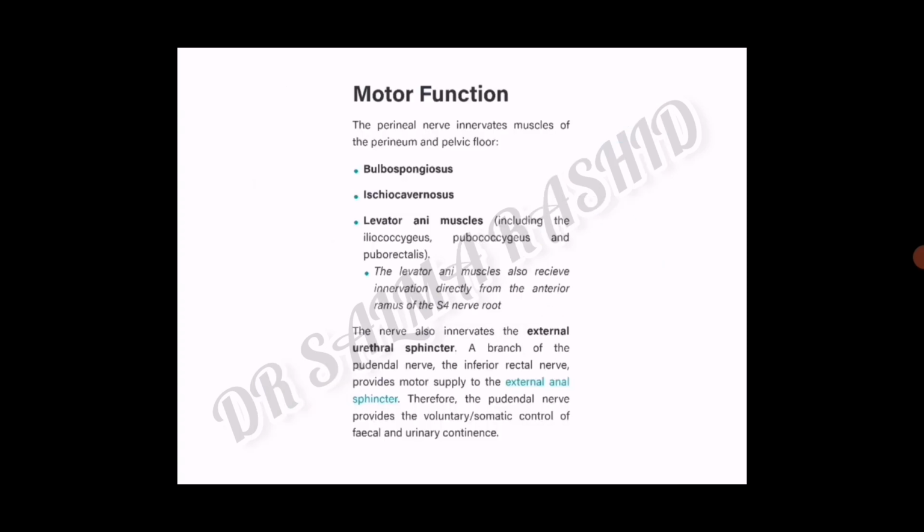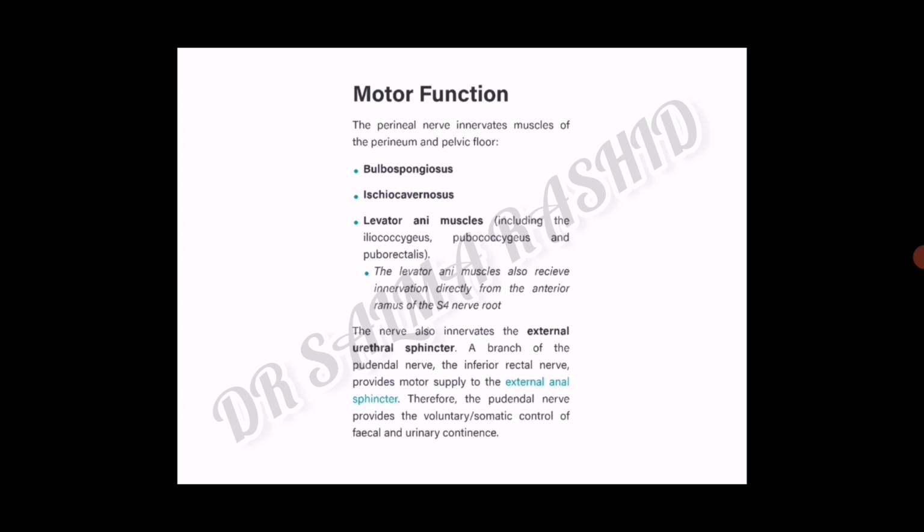Now the motor function. The perineal nerve innervates muscles of the perineum and the pelvic floor: bulbospongiosus, ischiocavernosus, and levator ani muscles including the iliococcygeus, pubococcygeus and puborectalis. The levator ani muscles also receive innervation directly from the anterior ramus of the S4 nerve root.